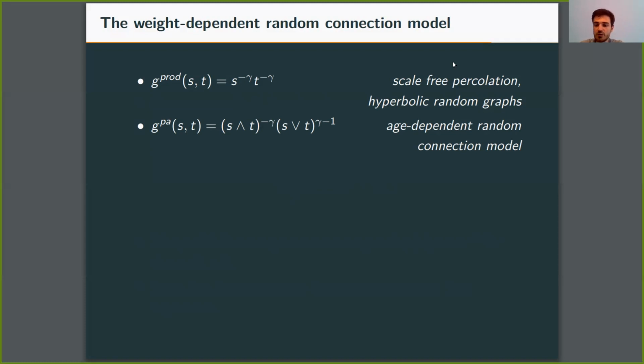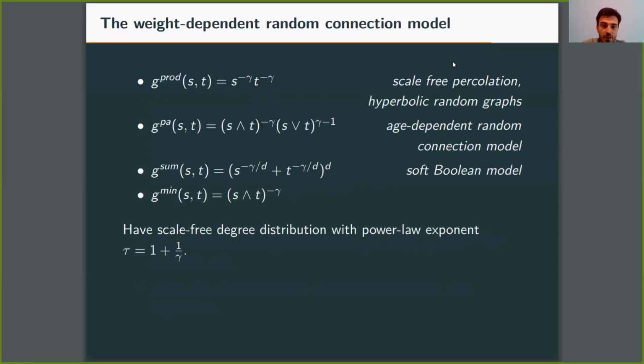And I would like to introduce two other kernels, the sum and the min kernel, which both belong to the same model, the soft Boolean model, which is a soft version of the Boolean model, where we assign to each vertex a random radius and draw an edge between two vertices if their balls with the according radii intersect.